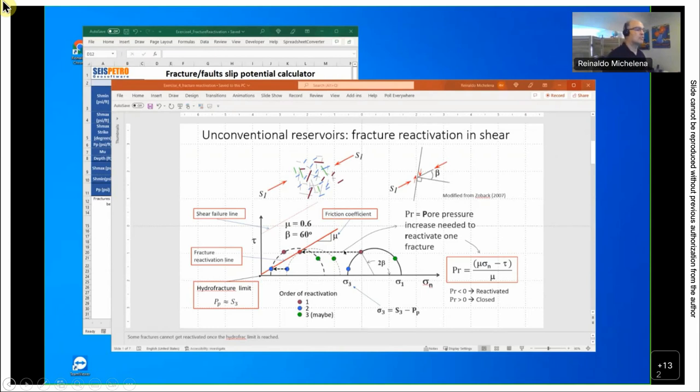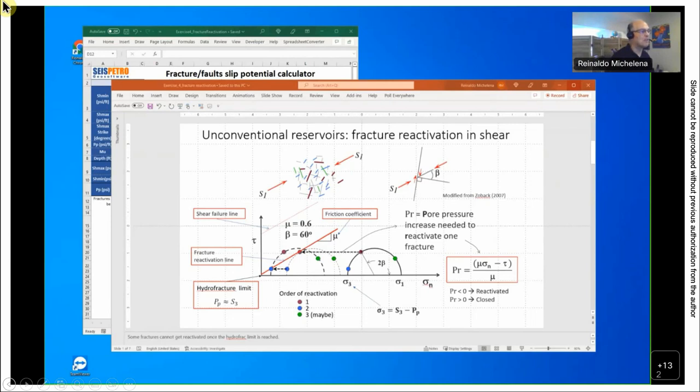So we also saw yesterday that as we increase the pore pressure, not all fractures get reactivated at the same time, and we discussed that with one example from Zoback and one of his students, and this shows that very clearly. As we move this circle to the left, the first point that will touch the friction line will be this purple fracture right here. So in terms of order of reactivation, this will be number one.